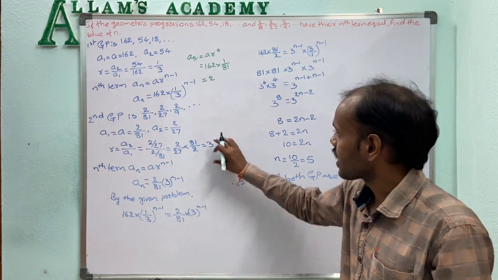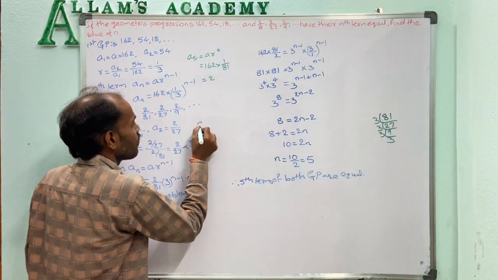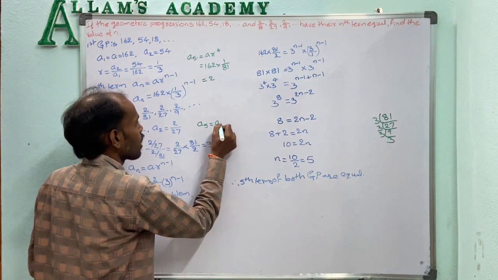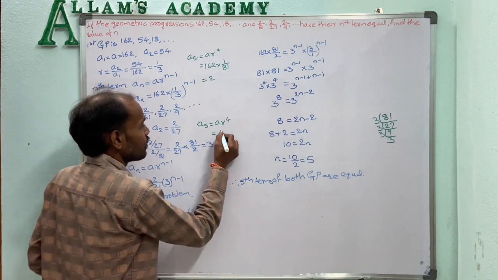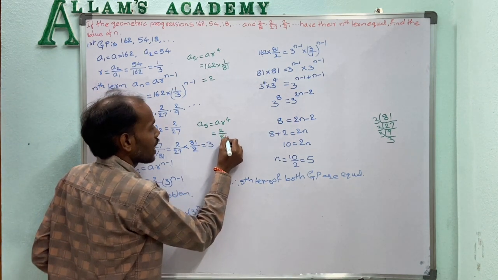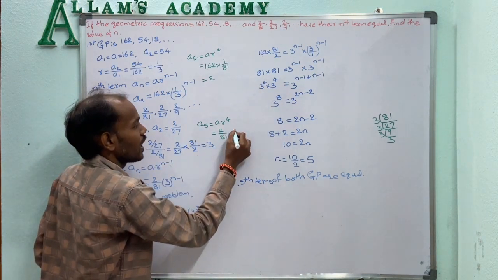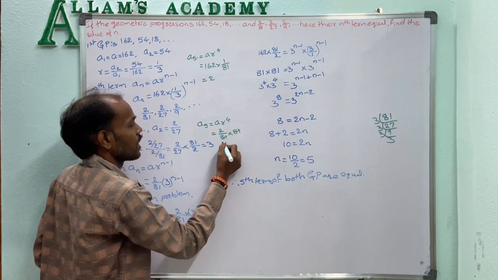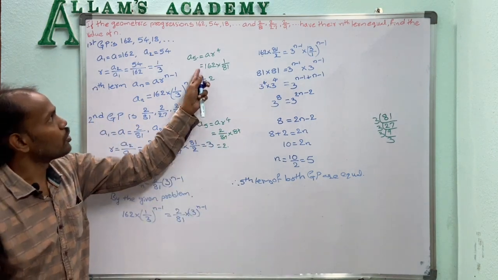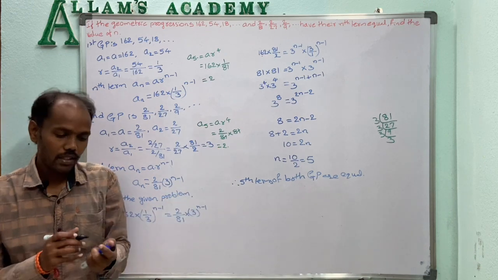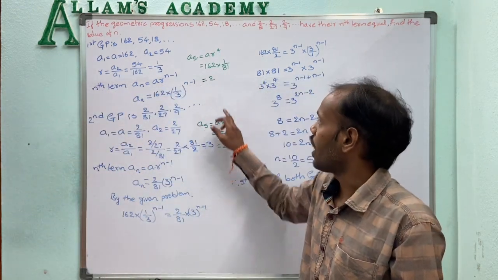Now for the second series, finding the fifth term, a5 is equal to a into r power 4. Here the first term is 2/81 and the common ratio is 3. So 3 power 4 is nothing but 81. So 81 gets cancelled. Here also we get the fifth term as 2. So the fifth terms of both geometric progressions are equal, which is 2.